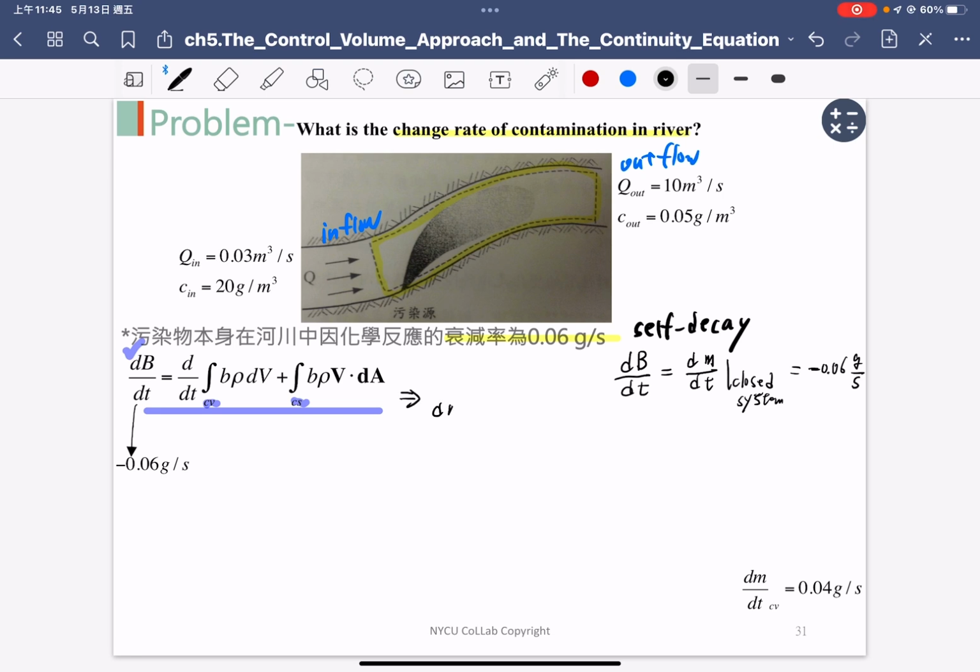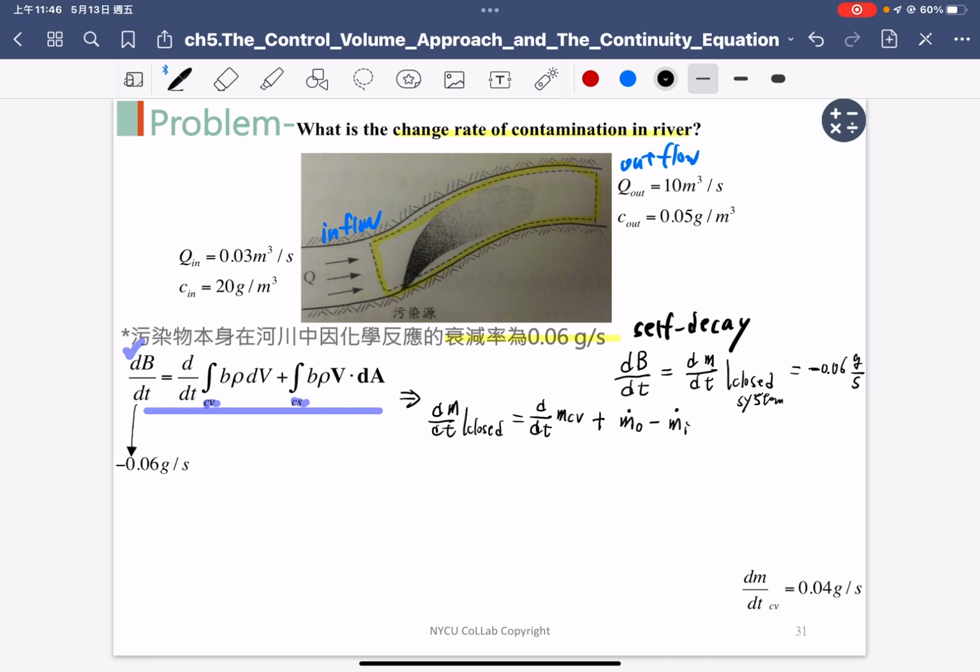Okay, so we know that we can rewrite the Reynolds transport equation. Here, dm/dt in the closed system will equal the d/dt of the mass in the control volume, plus the mass flow rate out minus the mass flow rate in.